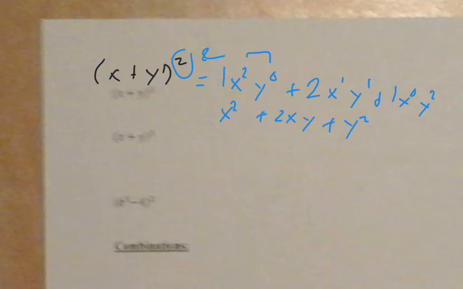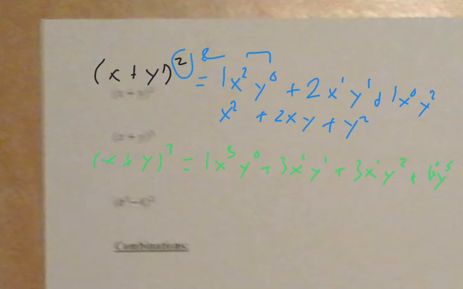It says x plus y cubed. So we have 1 x to our power 3, y starts at 0, plus 3 x squared y to the first, plus 3 x to the first y squared, plus 1 x to the 0 y to the third.